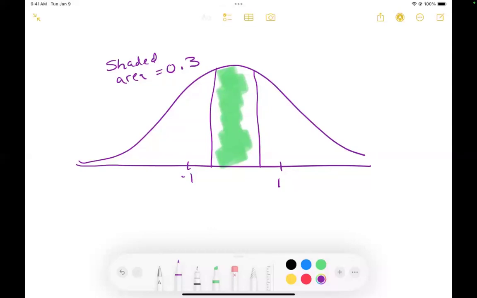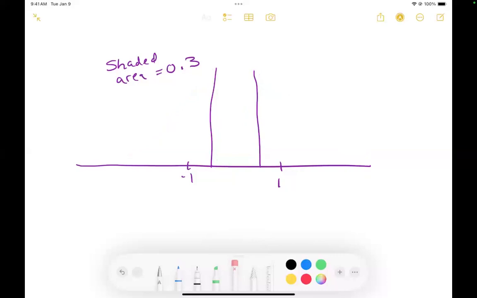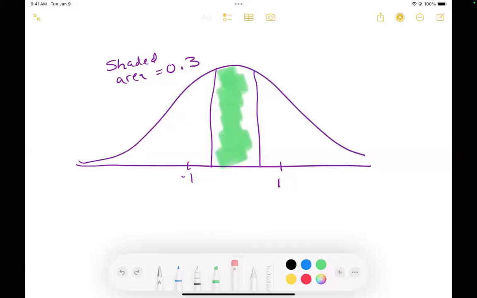The thing to know about it being the middle 30% is that the mean is smack dab in the middle. So if this is the middle 30%, then there's 15% here and there's 15% there.